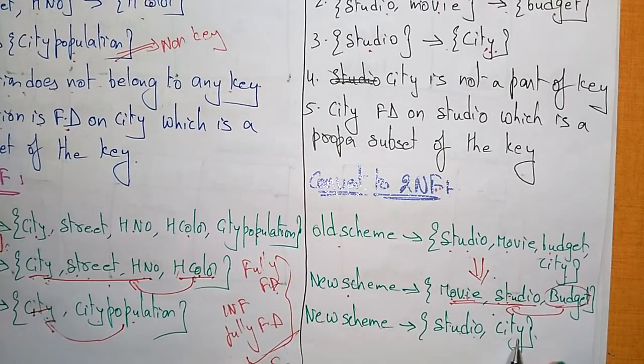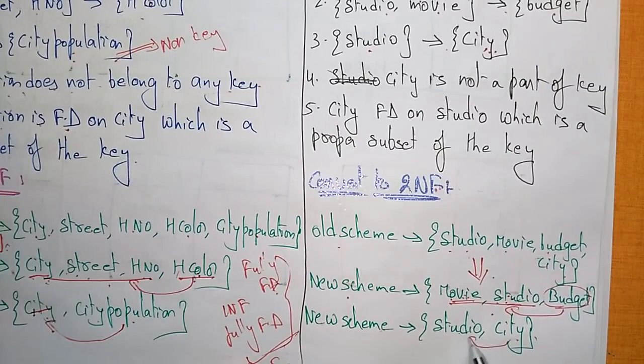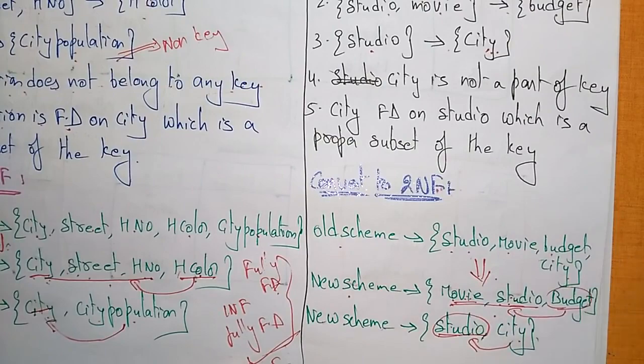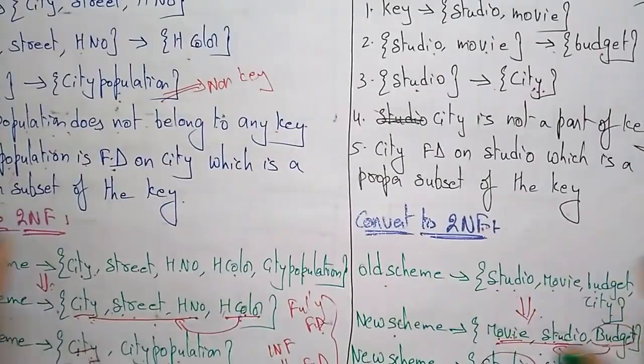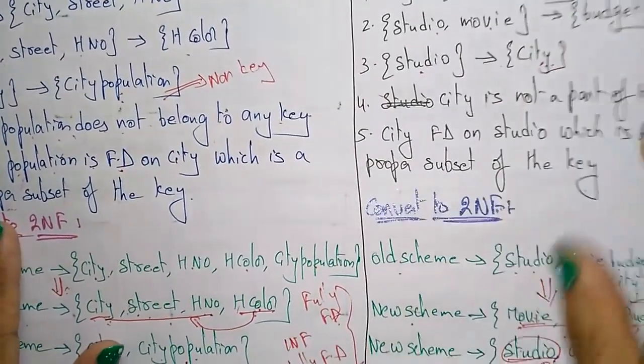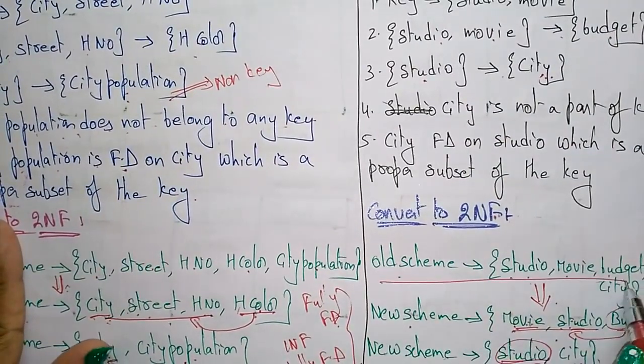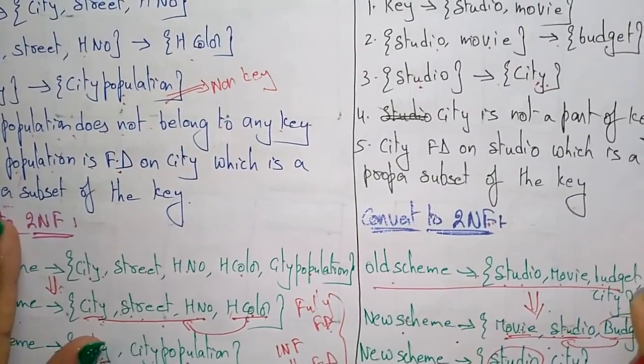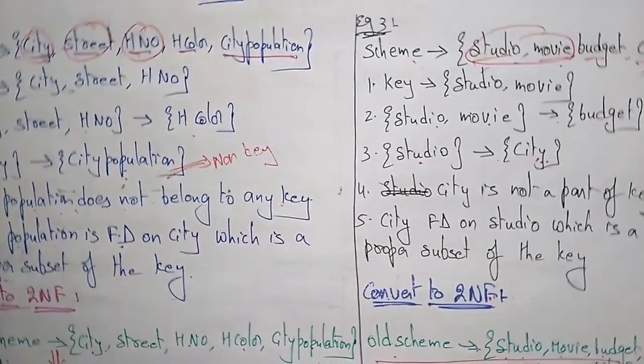The other new schema is studio, city, where city depends on studio, which should be the primary key. Each table holds one primary key. These are the rules for 2NF. Now the old schema is converted into the new schema, meaning it is in 2NF. This is about the second normal form. Thank you.